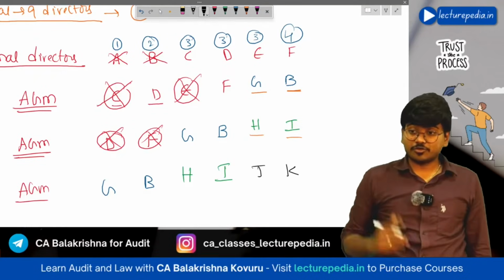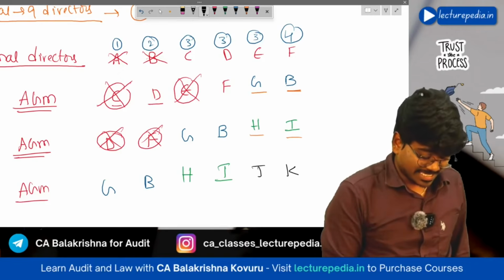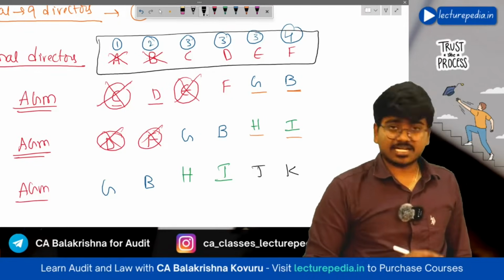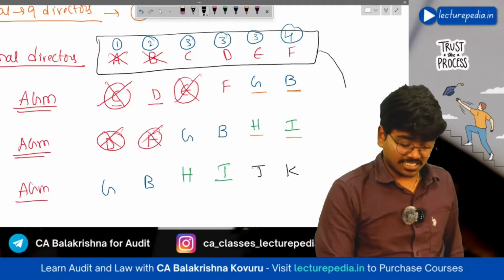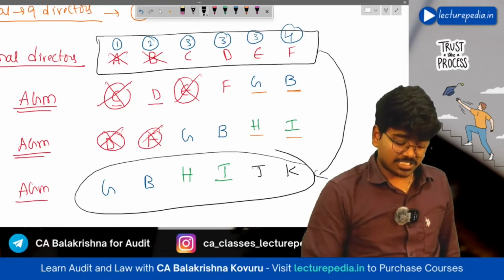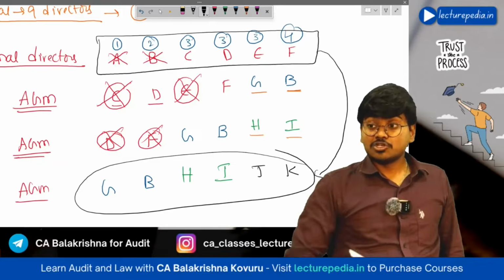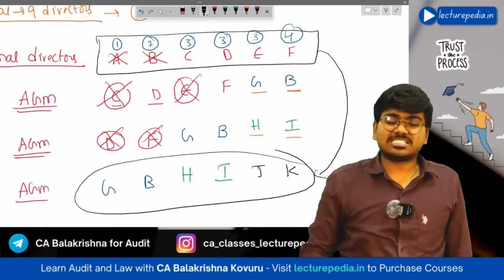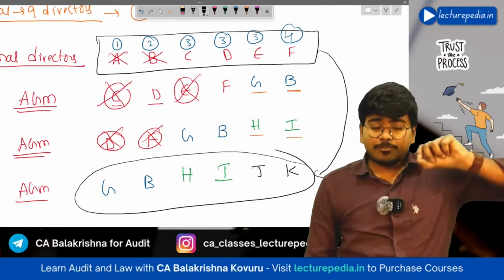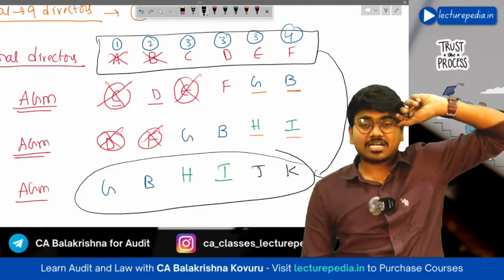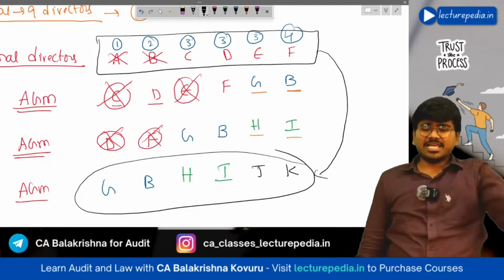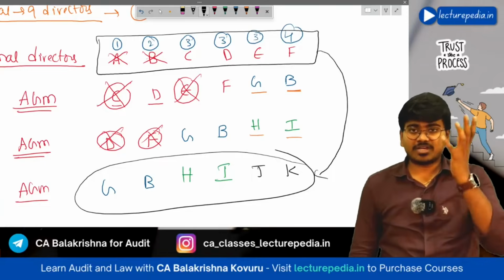So if you observe, at the beginning A, B, C, D, E, F are directors. After 3 years, the complete board of directors has changed. Okay, this is the beauty of this concept of rotation of directors. If you apply this concept, within 3 years there will be a complete reshufflement in the board of directors.